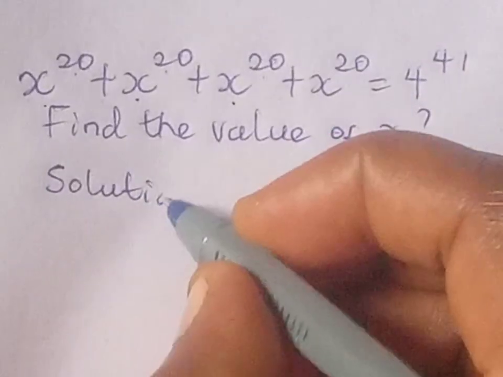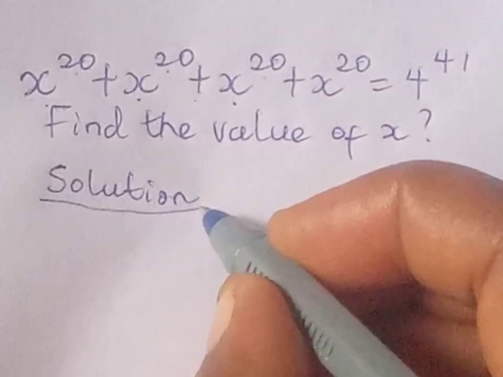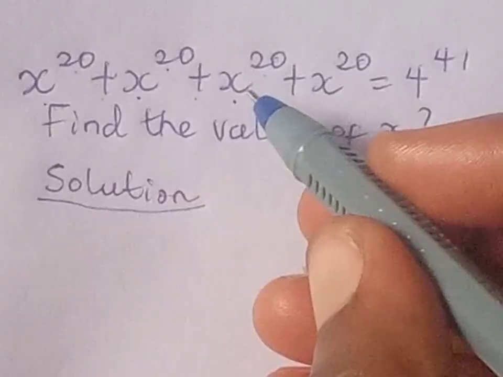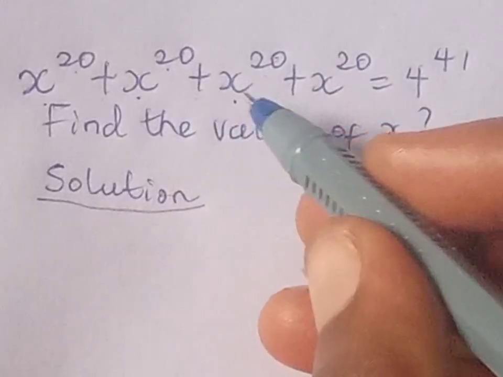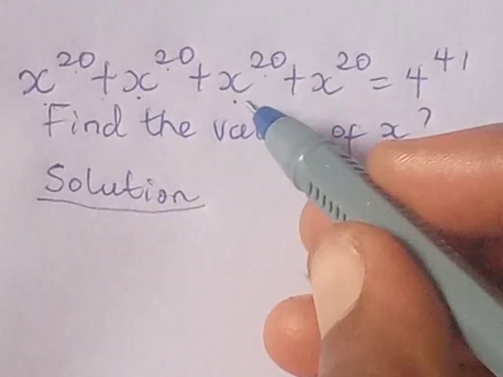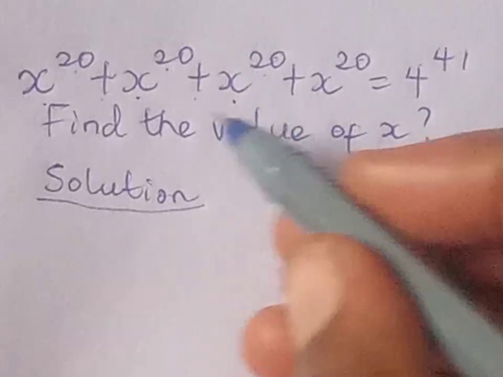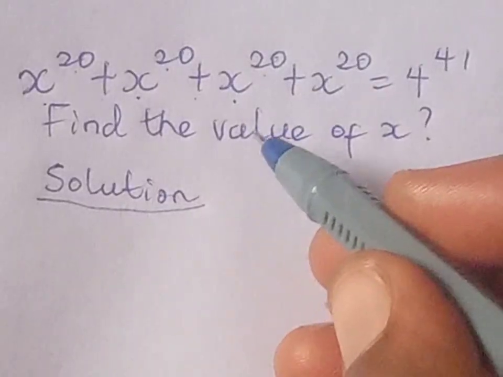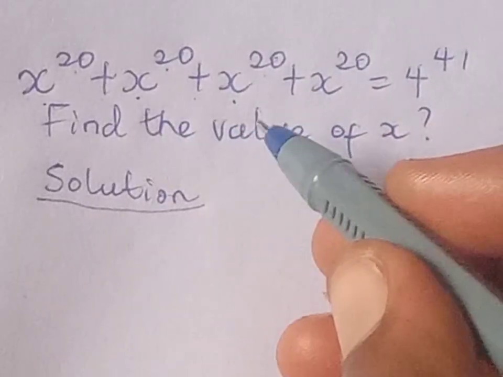As solution, the first thing is let's observe the left side because every term here is exactly the same. Instead of us writing the same expression 4 times, we can factor it because there are 4 identical terms.